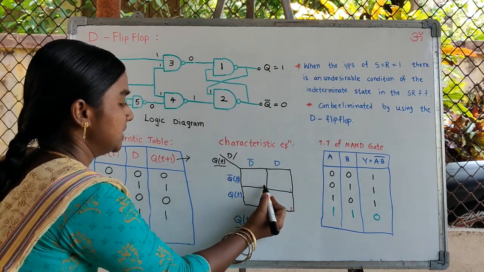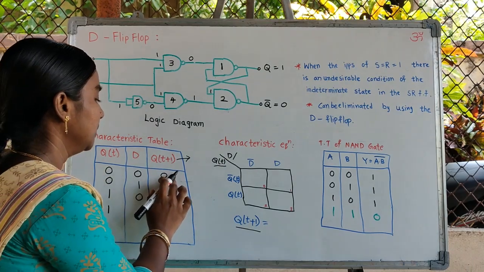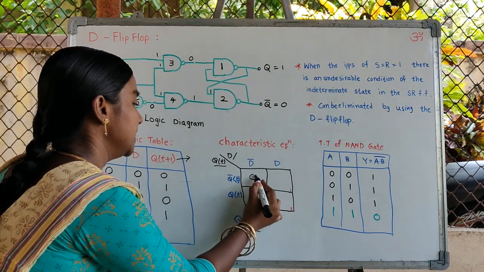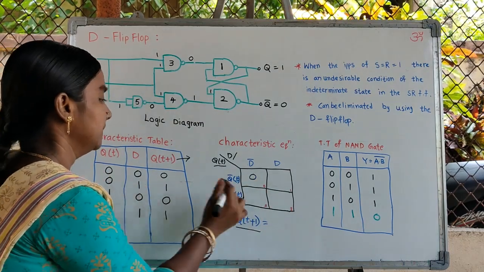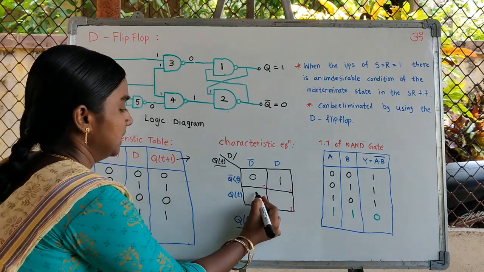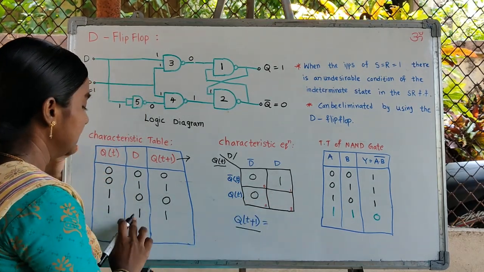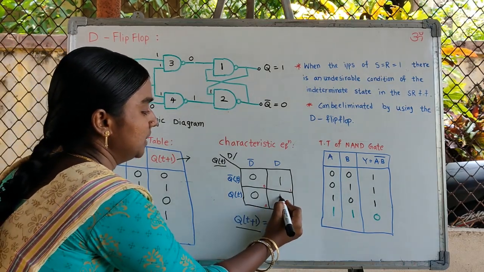So here for 0th minterm, 0, 0 combination, Q of T plus 1 equal to 0. In 0, 1 combination, 1 minterm, here 1. In 1, 0 combination, 0. In 1, 1 combination, nothing but third minterm, which is equal to 1.